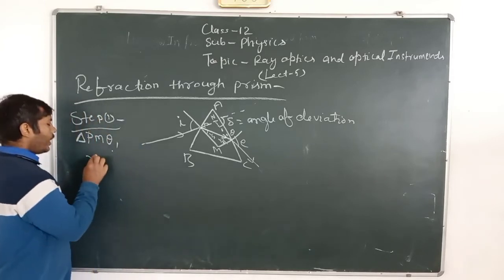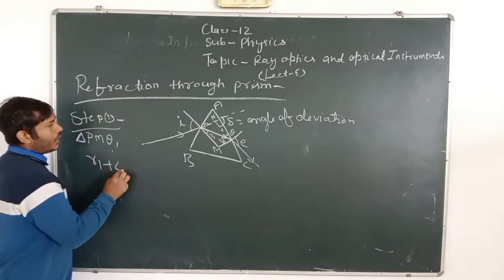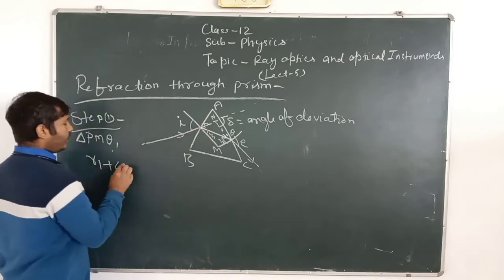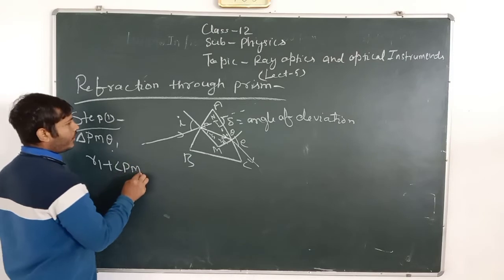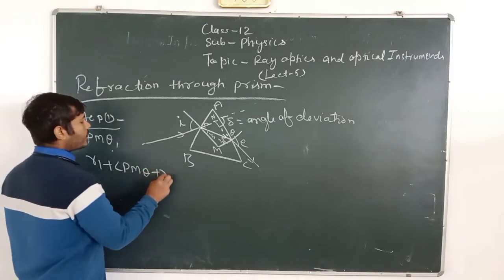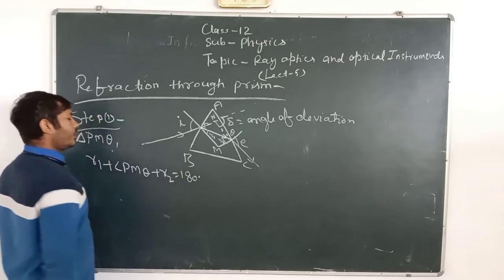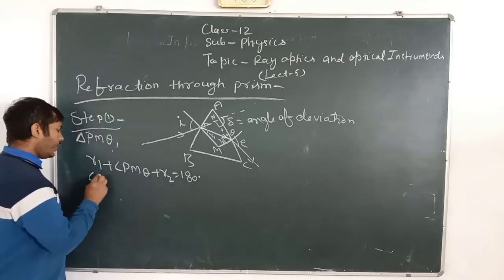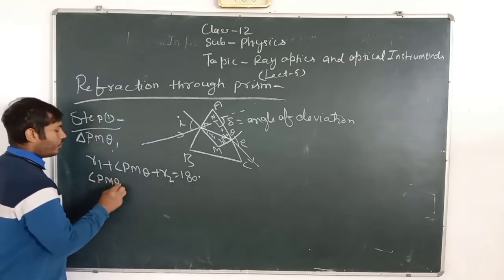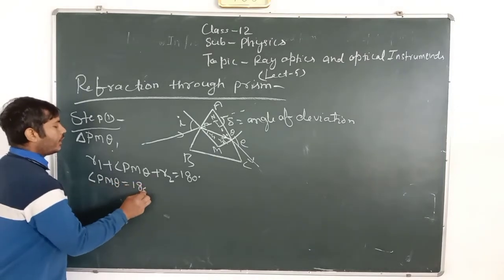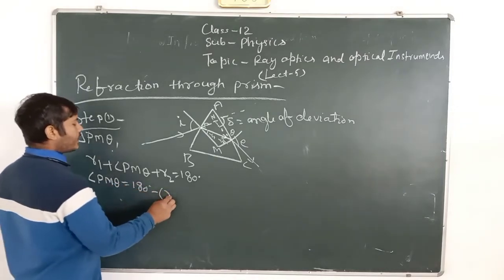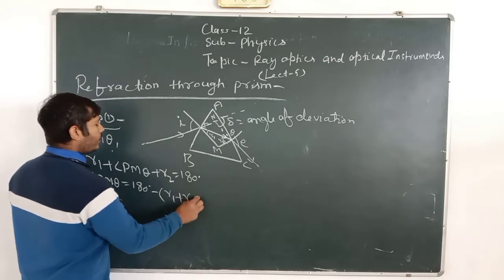So here R1 plus angle PMQ plus R2 will be how much? Tell me. 180 degree. So from here we get angle PMQ will be equal to 180 degree minus R1 plus R2.